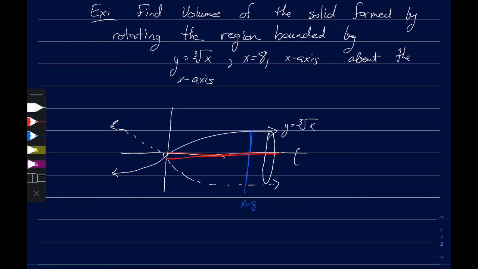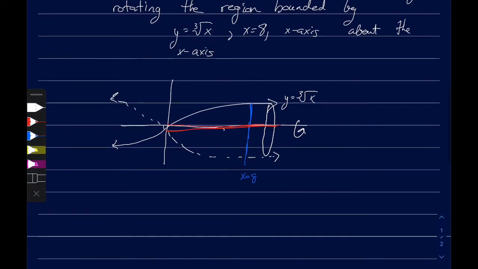And we're rotating it about the x-axis. So we could use the disk method in this particular case, but let's use the shell method to illustrate the concept here. So for the shell method, we're going to have to use dy because we're rotating parallel to the x-axis.